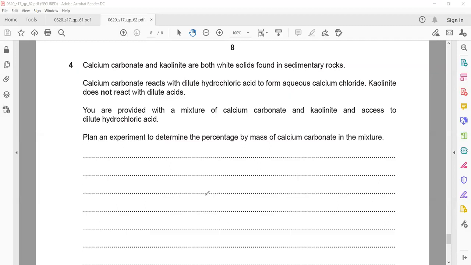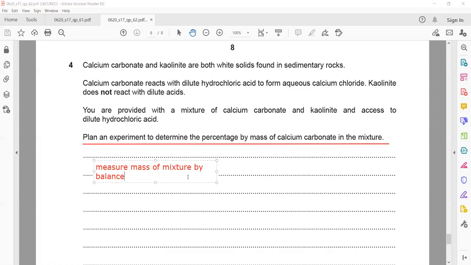So first we measure the mass of the mixture. The first step, we measure the mass of the mixture, better to mention the apparatus, by using a balance.